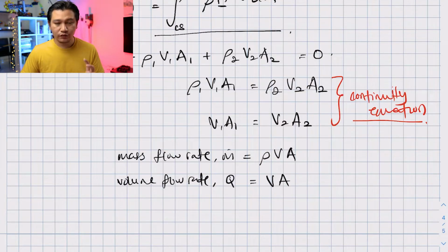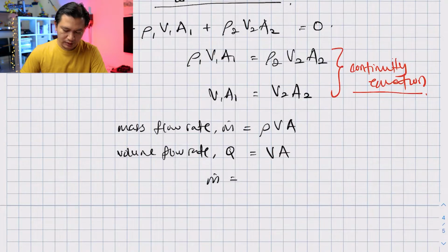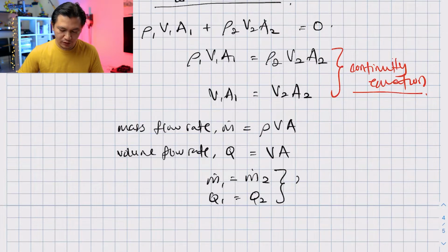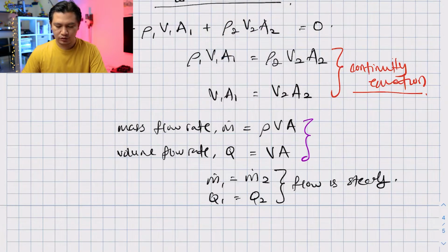Okay, and the conservation of mass says that m dot 1 must equal m dot 2 and Q1 must equal Q2. And this only applies when the flow is steady. And again, these two definitions are very important, so my suggestion is for you to remember them because you are going to be using them again and again.